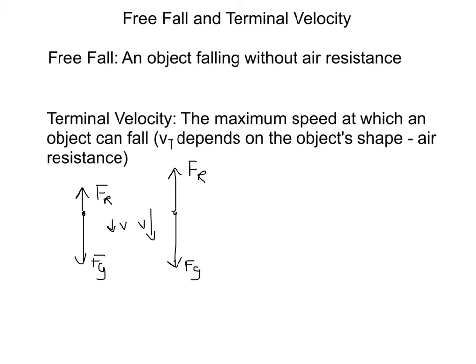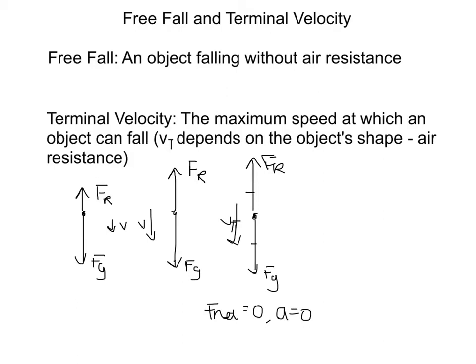Eventually, it gets to a point where the speed is high enough that these forces are equal. And when this happens, we know that if net force is 0, then acceleration is 0. So that means the velocity is no longer changing, and this is when we have hit the terminal velocity.